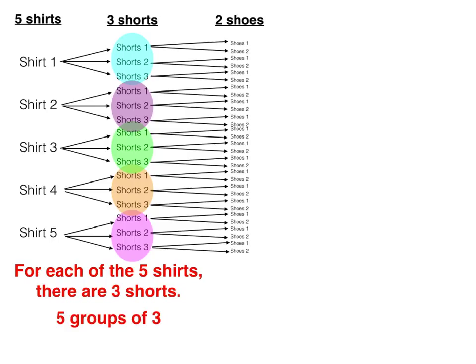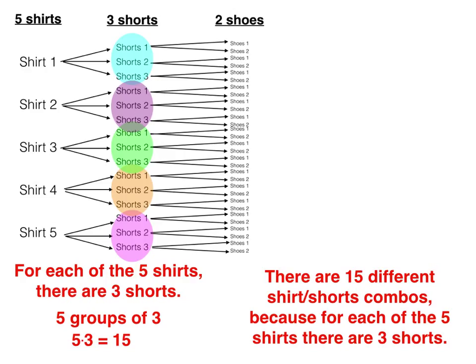Another way to think about it, there are 5 groups of 3. 5 groups of 3 is 5 times 3, which is 15. So there are 15 different shirt-shorts combos because for each of the 5 shirts, there are 3 shorts. So that's without the shoes.